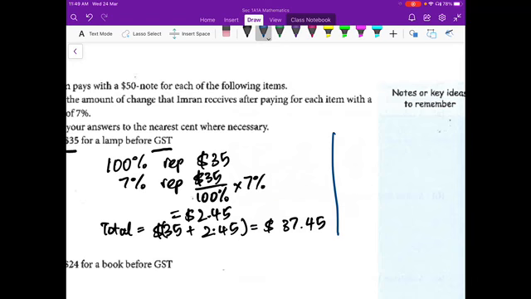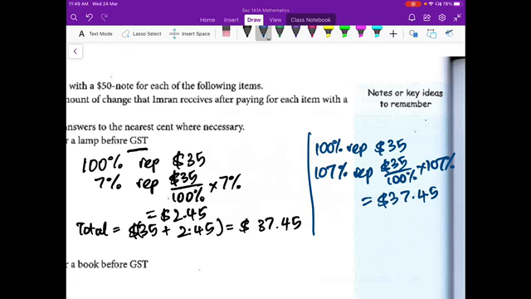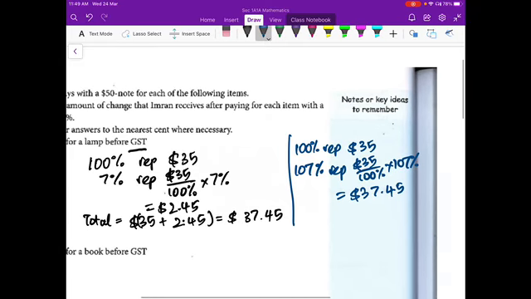In blue color, 100% represents the same $35, but now we just find 107%. Because we know that the GST is 7% on top of it. It is 7% added to the 100%. So 35 over 100% times 107%. And we get the same value of 37.45. Okay, these are the two methods to find the total value.